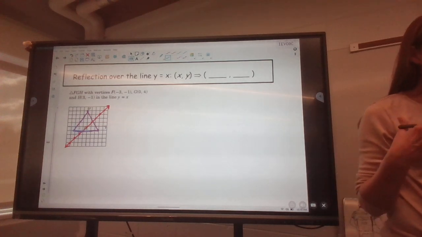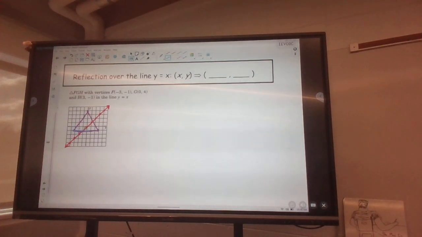And you could spend some time trying to guess where that would be, but I think I'm just going to give you what the reflection is. Basically, y equals x means we're going to flip the 2 coordinates. If the coordinate was x, y, now it's going to be y, x. So you're going to flip where they are.